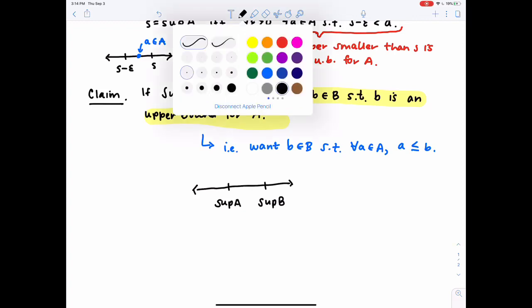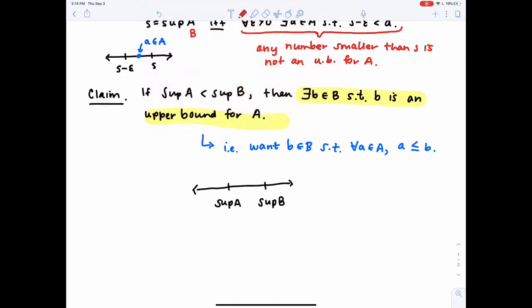Now, if we think about what this means for our sets, remember that the sup of a set indicates the right wall of the set. If this is sup A, that means that A better live over here somewhere. And if the right wall of B is going even further to the right, I should expect that the set B lives even further to the right.